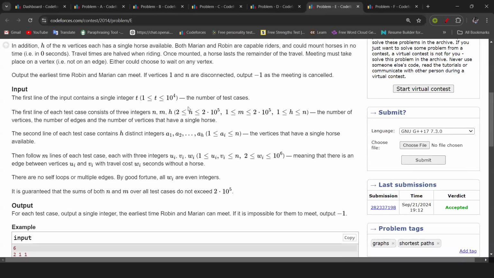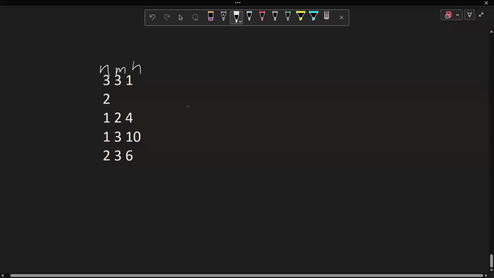Okay, n, m, h. What does that mean? There are three vertices. Let's say this is node 1, 2, and 3. M is three edges. These are the three edges, and h is one. So vertex number 2 has a horse in it. So we'll mark it.